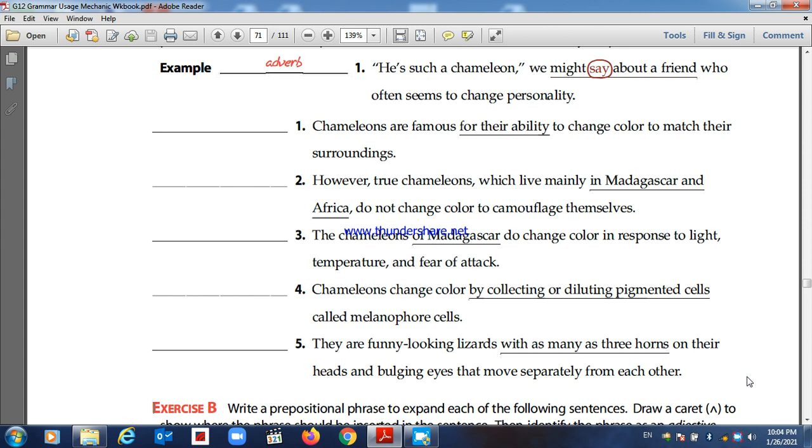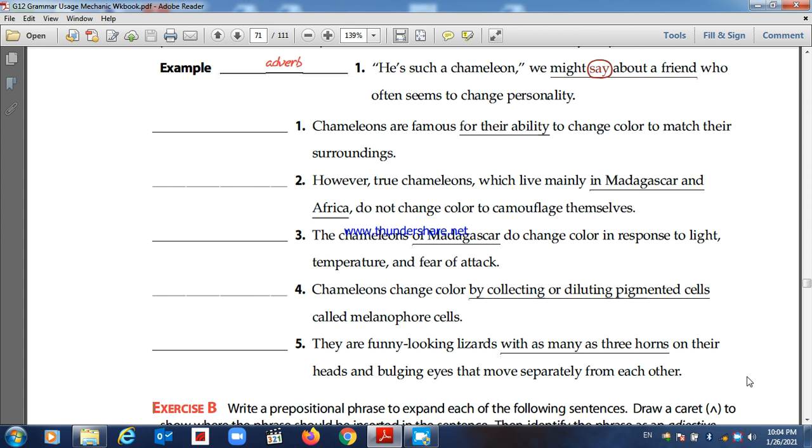Number 5, they are funny looking lizards. I'm talking here about the chameleons. They are funny looking lizards with as many as 3 horns on their heads and bulging eyes that move separately from each other. I have here the expression which is underlined, with as many as 3 horns, a prepositional phrase.